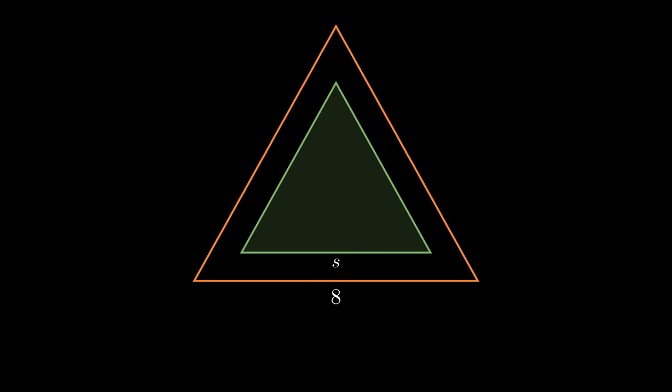So to analyze this triangle, let's draw the height of it. That cuts it into two triangles, and each one of those is a 30, 60, 90, which is a famous triangle that you really should know. If you don't know it, I would suggest getting to know it. Because it's a 30, 60, 90 triangle, we know the height in terms of S.